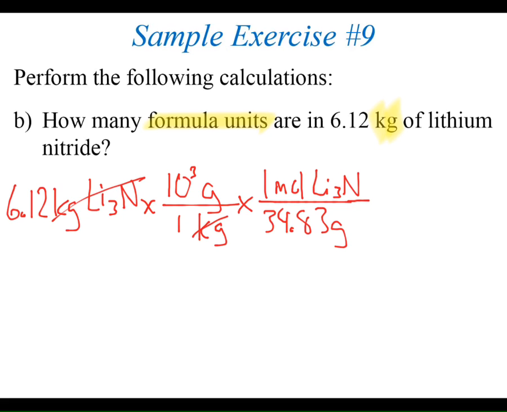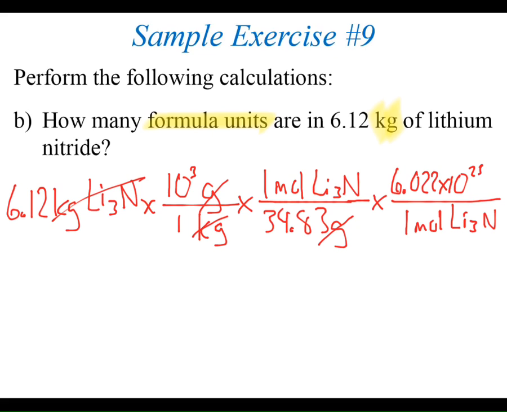So now I'm in moles, but I want to be in formula units. So moles to particles, Avogadro's number. Where's Avogadro's number go? Top or bottom? Yes, the mole has to go on the bottom, which means Avogadro's number must go on the top. And I guess I'll use the FU abbreviation here.